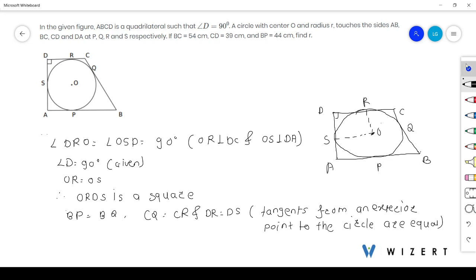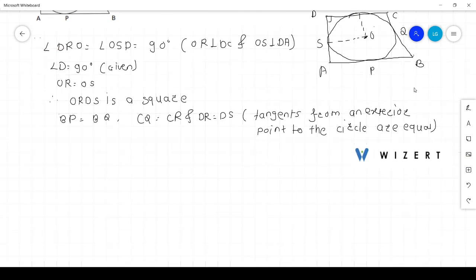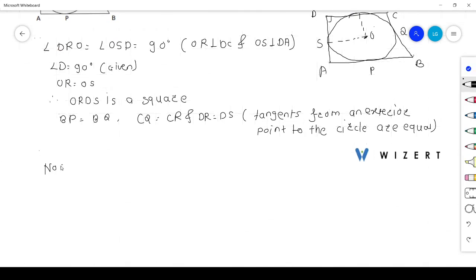Now, BP equals BQ. So BQ equals 44 centimeters because BP is given as 44 centimeters.